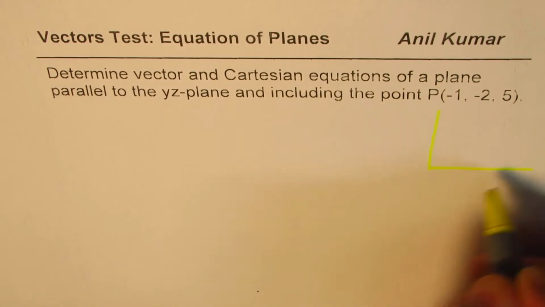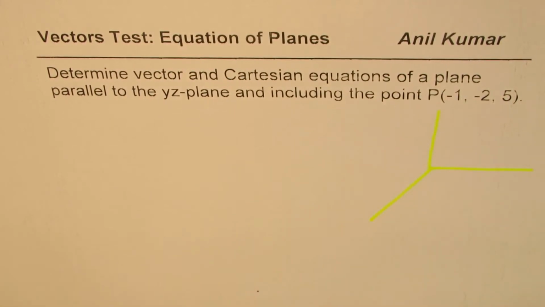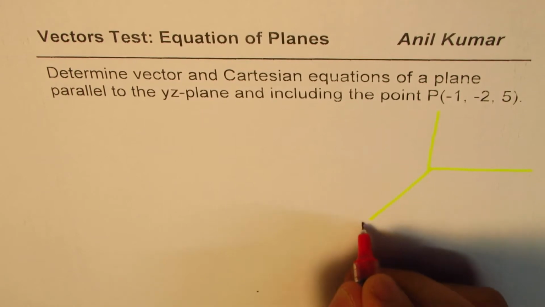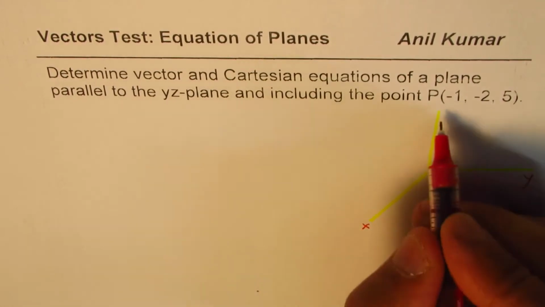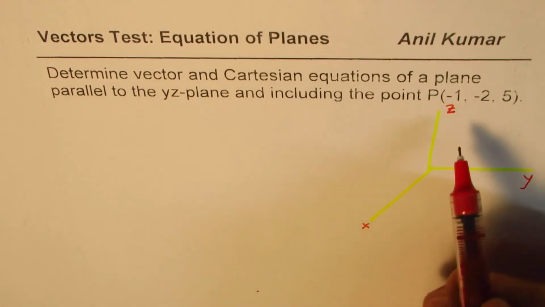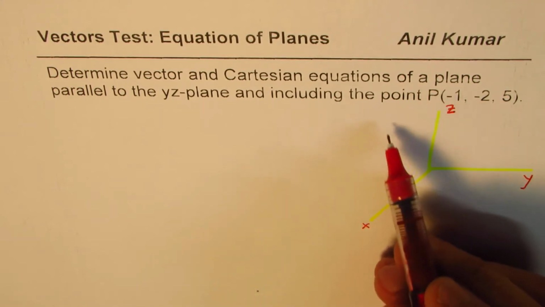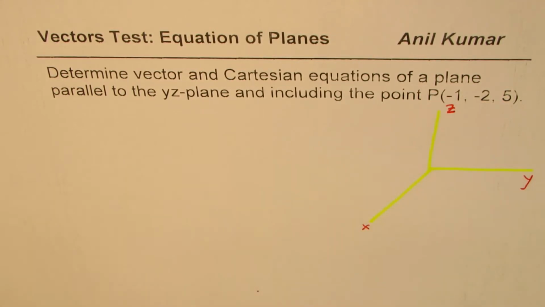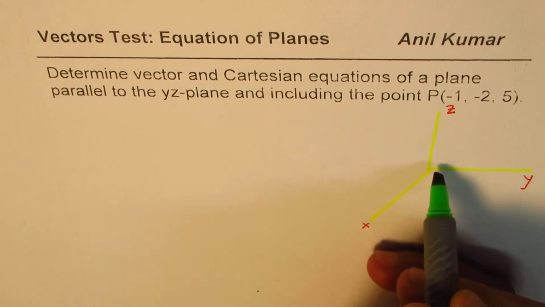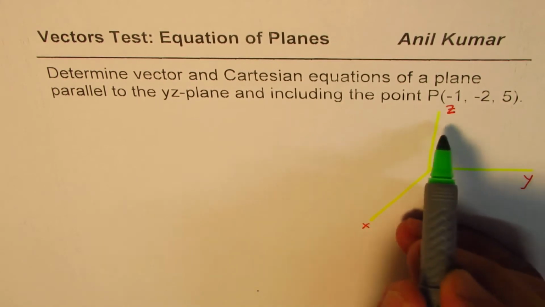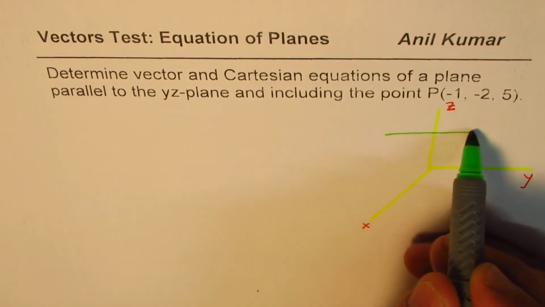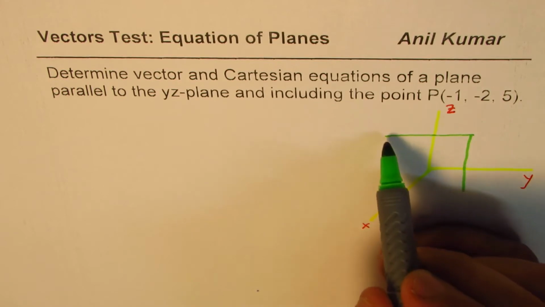Let's try to sketch this. So this is your x-axis, y-axis, and z. So parallel to YZ plane is something like this, right? I could sketch a plane which will be the same distance away on the x-axis. So YZ plane is this, and it could be a plane which is something like this.